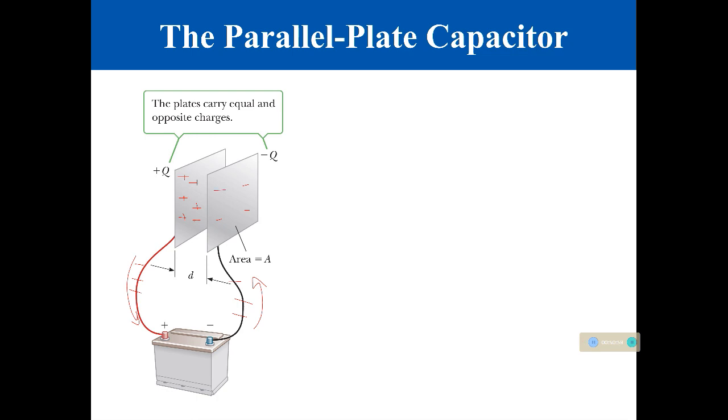Now, what are these negatives going to do to the negatives coming in as it gets more and more charged? Push back. So eventually, this is going to push back as hard as this is pushing. And if you think logically about it, that makes sense, when this voltage is the same as this voltage.